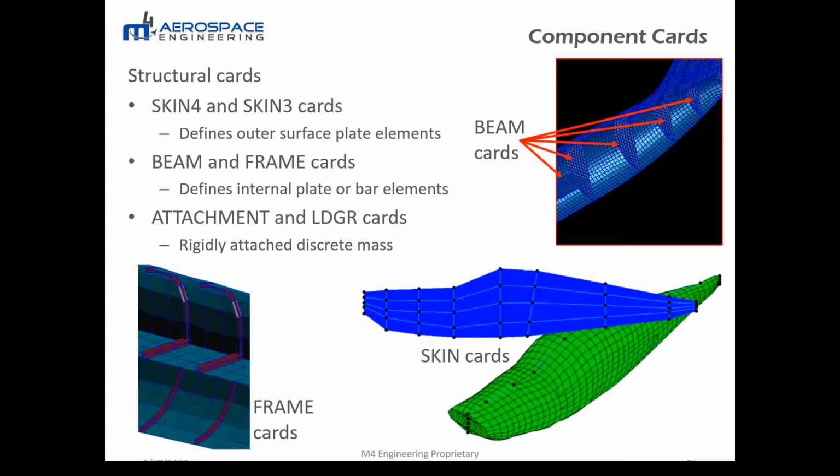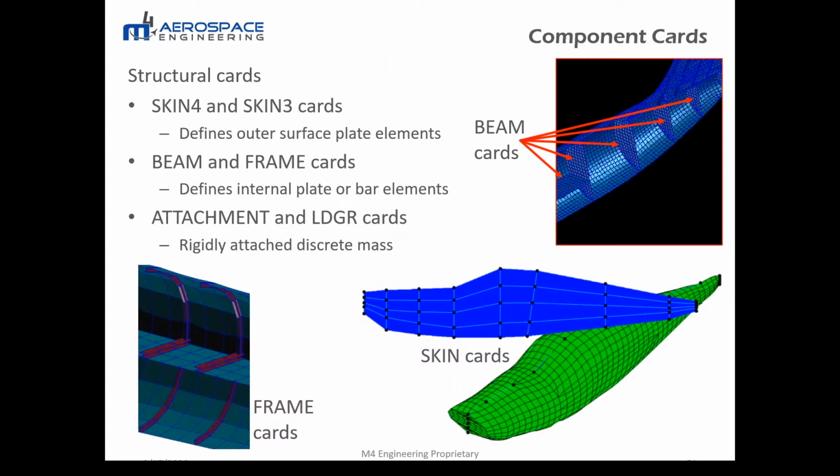Beam and frame cards are used to define internal plate and bar elements. Beam elements are defined as a line between 2 points, which translates to a projection of plate elements through the model, and an example of that is shown in the upper right. Frame cards translate to bar elements for the model. They can be defined a number of ways, and that's shown in the bottom left. And then finally, you can add attachment and landing gear cards.